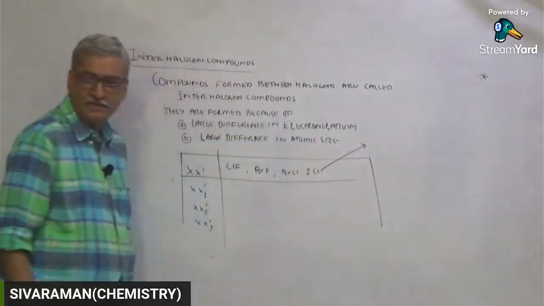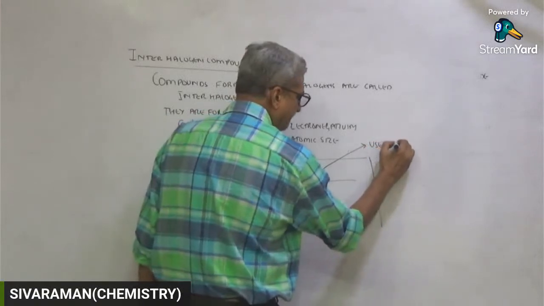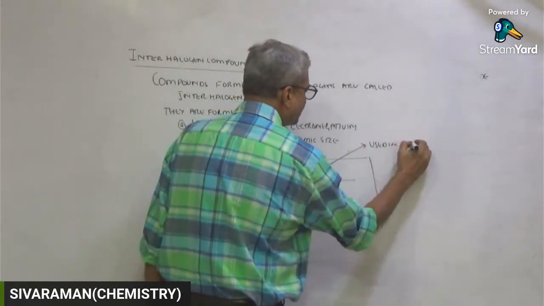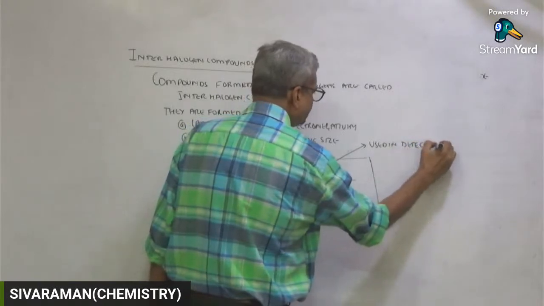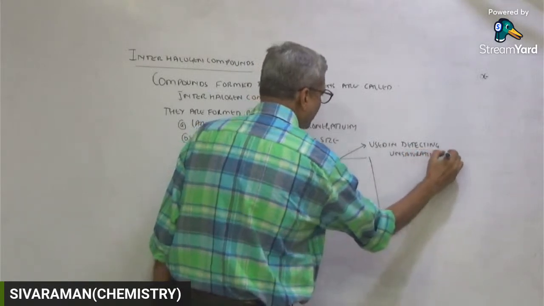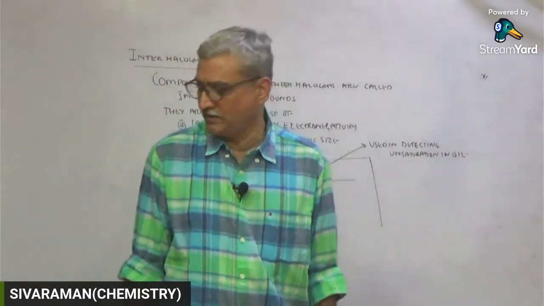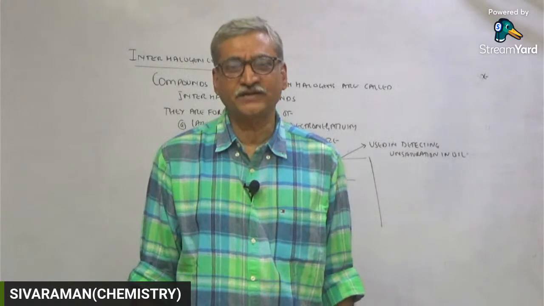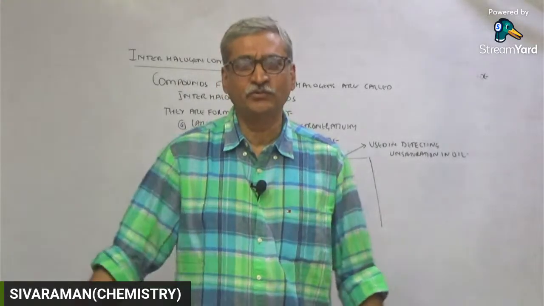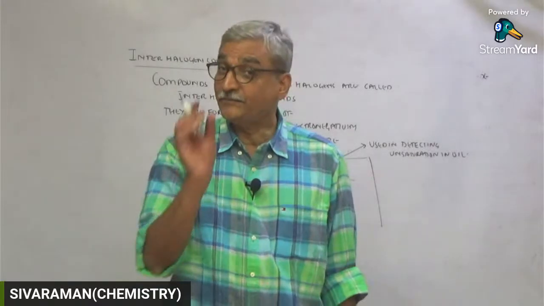It is used in detecting unsaturation in oils. You always see advertisements: we have a lot of polyunsaturated fatty acid, so you will be more safe, less heart attack and all that. That polyunsaturated fatty acid, how do they find out? If you are using iodine monochloride, this is clear.